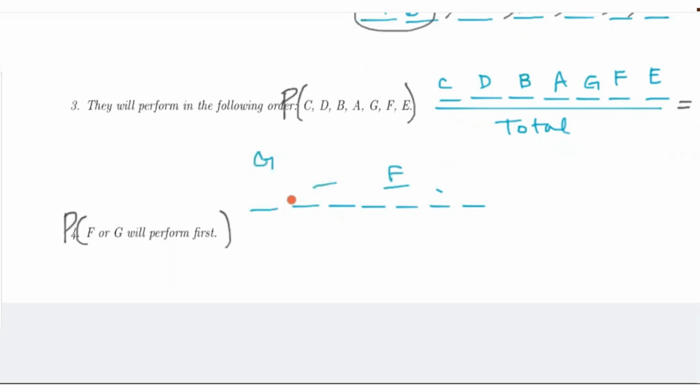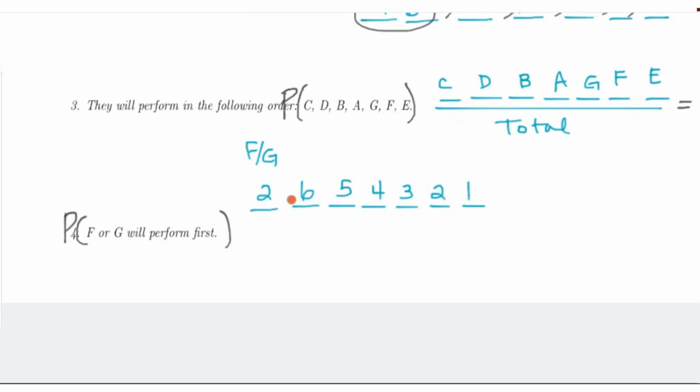So go back to here. I can have 2 choices. It's either F or G. So I have 2 choices here, F or G. If I pick F here, G has to be remaining spot. If I pick G first, F has to be remaining spot. So there are 6 ways to do it. 5, 4, 3, 2, 1.